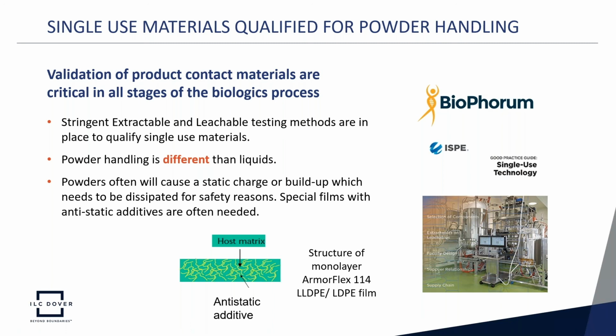So here we're showing the structure of the ArmorFlex 114 film, which is a monolayer structure. And within that monolayer structure, we've put an anti-static additive. The key thing here is the anti-static additive still has to go through and pass these stringent extractable and leachable tests to be sure that we're not putting anything into the process that shouldn't be there.